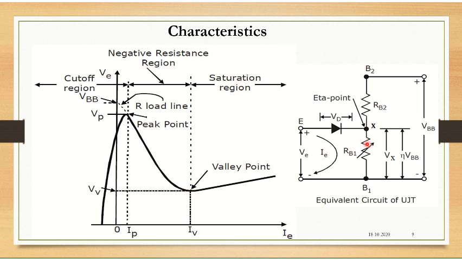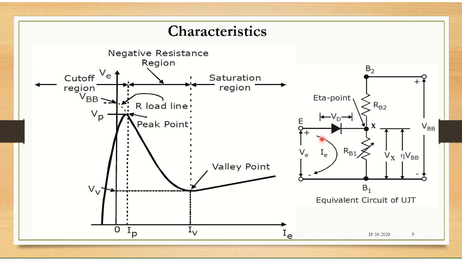Okay, so as the resistance is decreasing, what happens? More and more charge carriers are injected, which means that the emitter current IE starts increasing.